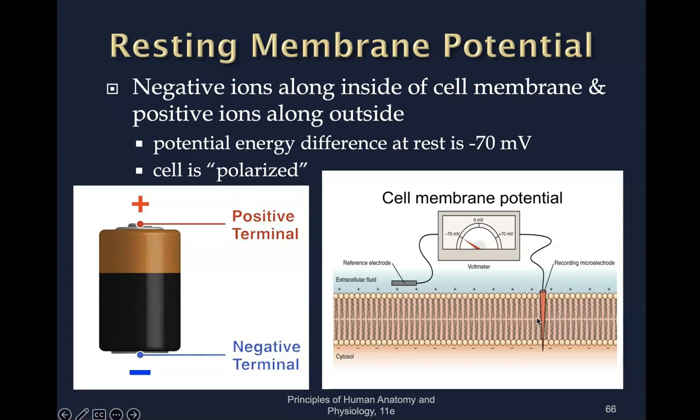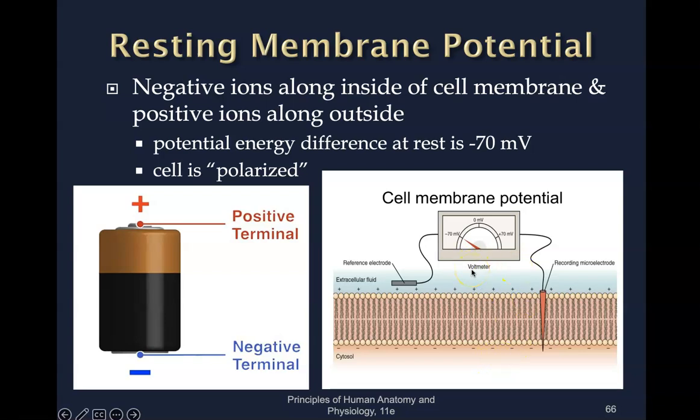Typically, this voltage change is around negative 70 millivolts. That's the measure of that potential energy difference between the positive and negative charges inside the cell versus the outside.